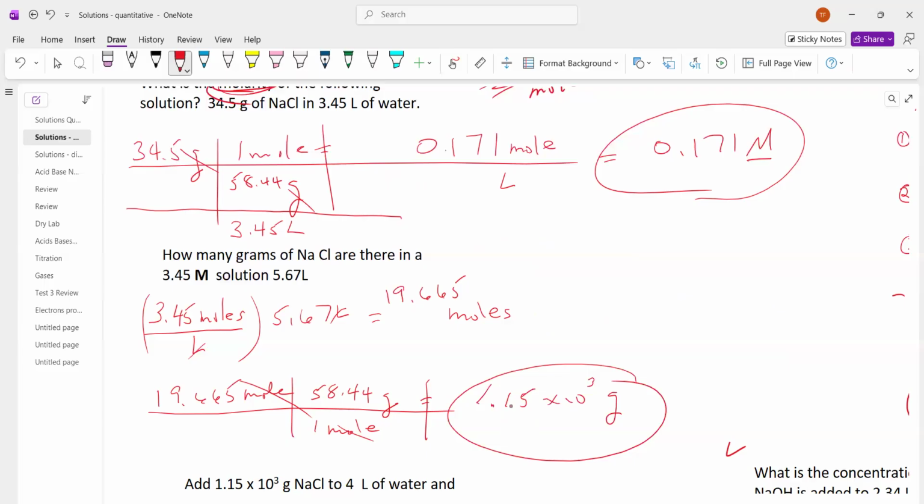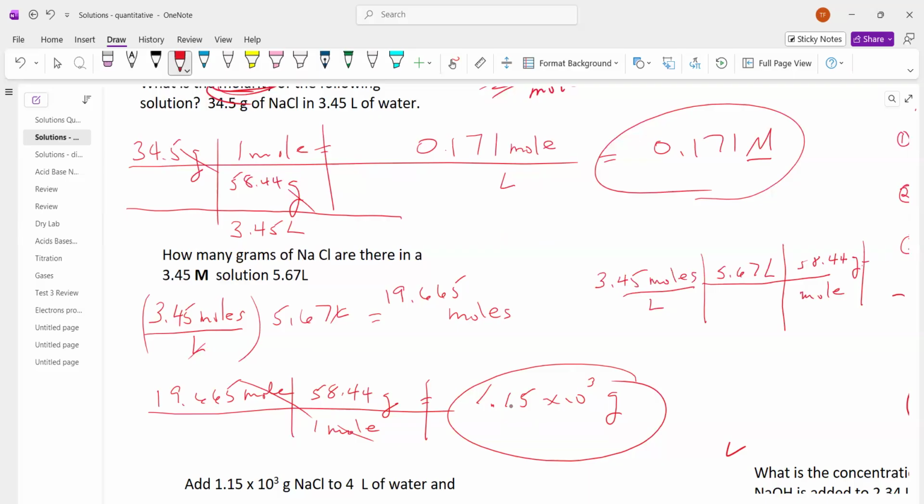Could have also done this in one calculation on your calculator, by doing a one step on your calculator.